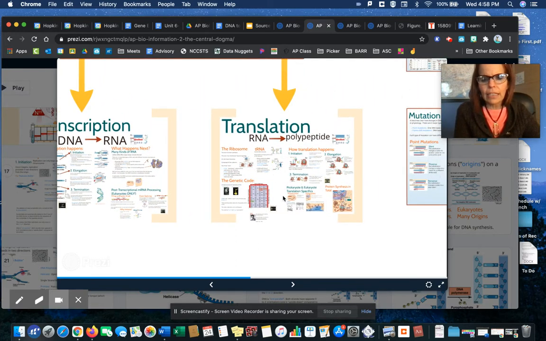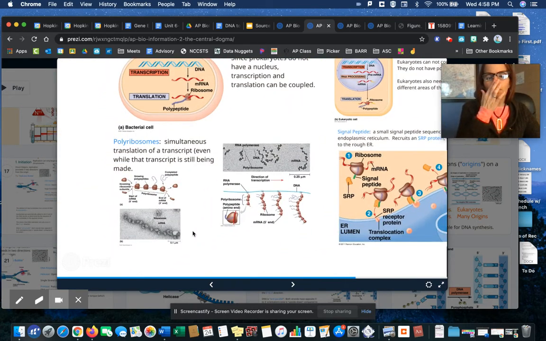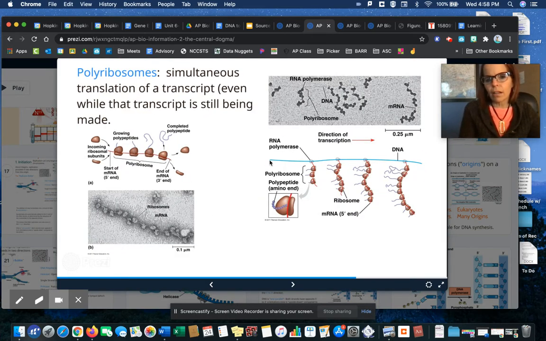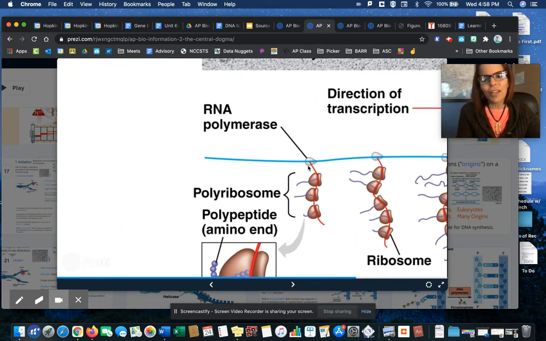I'm trying to find the image where it shows that. I think that's down here, isn't it? Yeah. So this is the bacterial DNA. This is their circular chromosome. These little things that I call guitar picks, those are the RNA polymerases. So they are transcribing the DNA, making RNA.